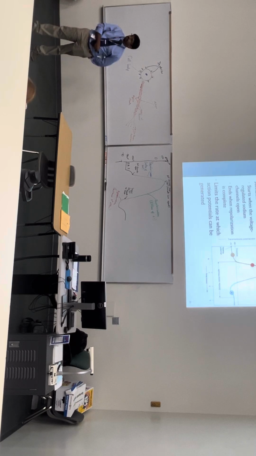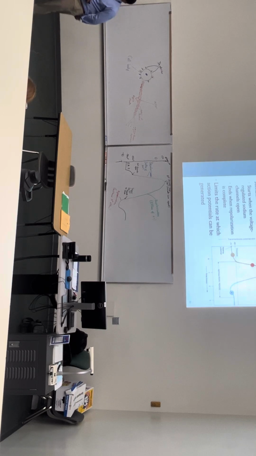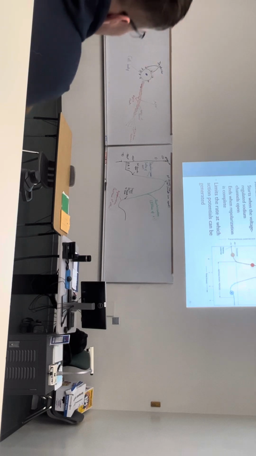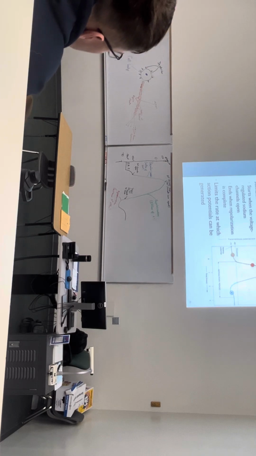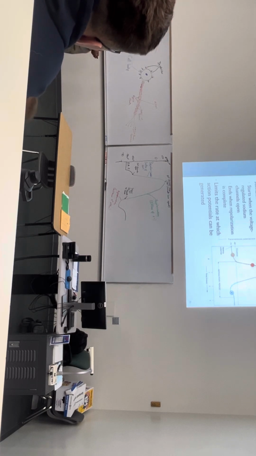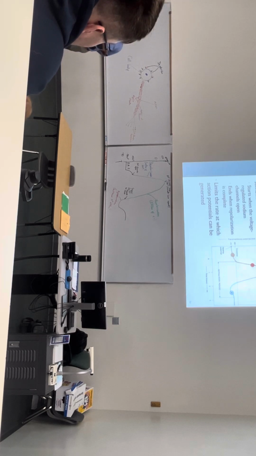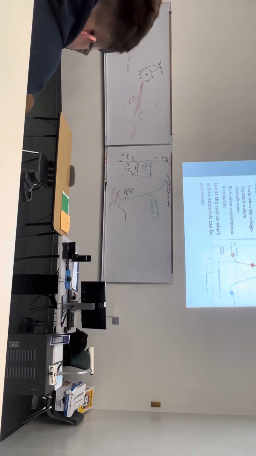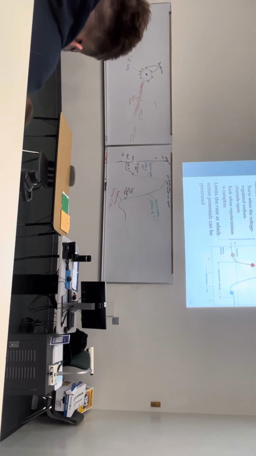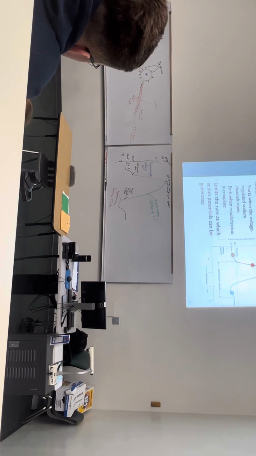So let's talk about something called the refractory period. The refractory period means another stimulus will not cause a response. This makes sure, I will talk about it later, that the impulse goes in one direction. What was the trigger for sodium channels to open? About minus 55, right?